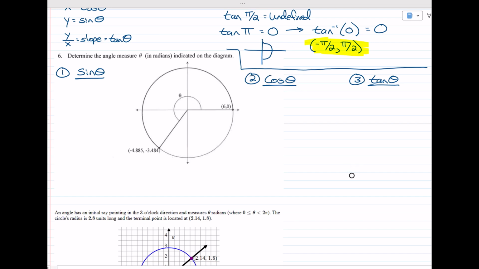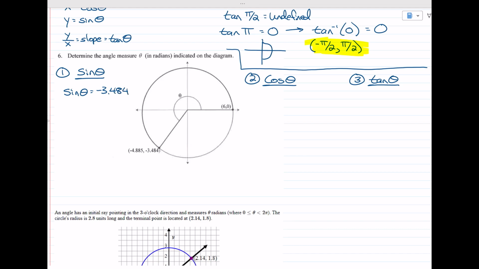is we know that the sine of an angle is the y value, right? So for this problem, we have that the radius times the sine of theta equals negative 3.484.